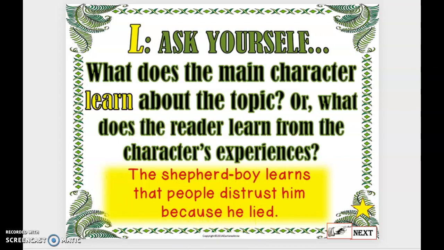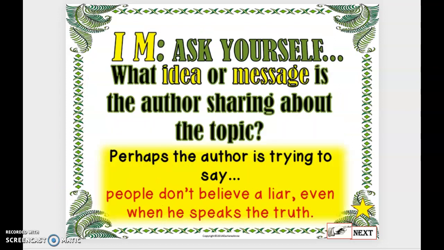That's what the character learned. And we're still not done. So we're going to move into the I and the M. We're going to ask ourselves, what idea or message is the author sharing about the topic? Perhaps the author is trying to say people don't believe a liar, even when he speaks the truth.